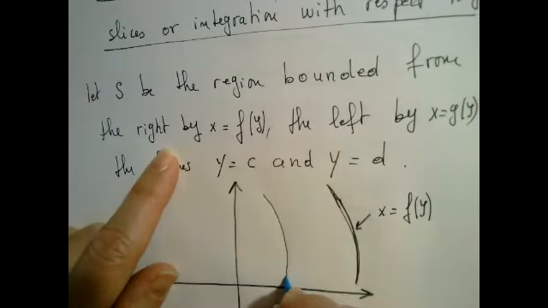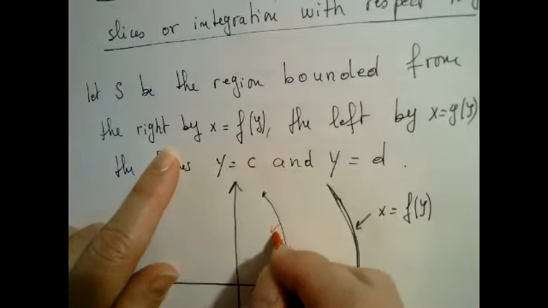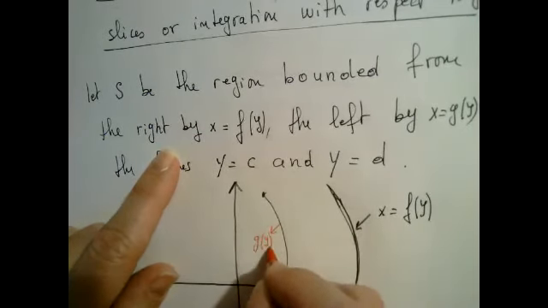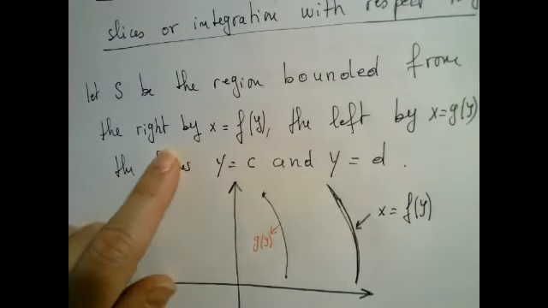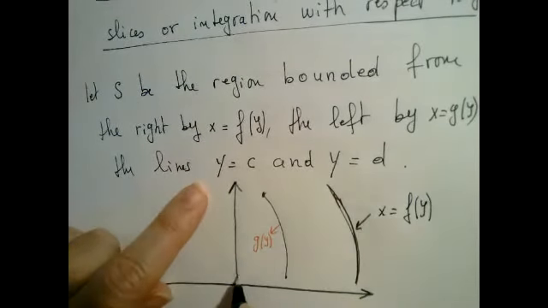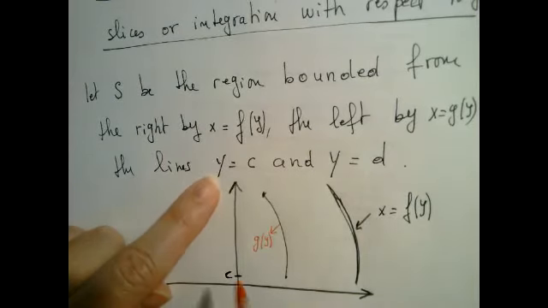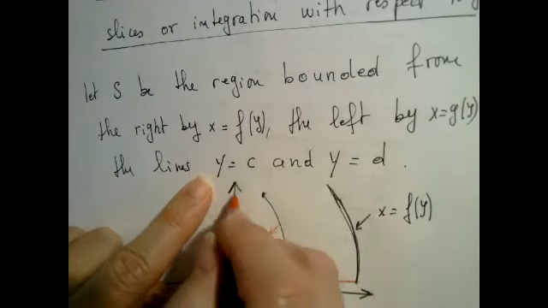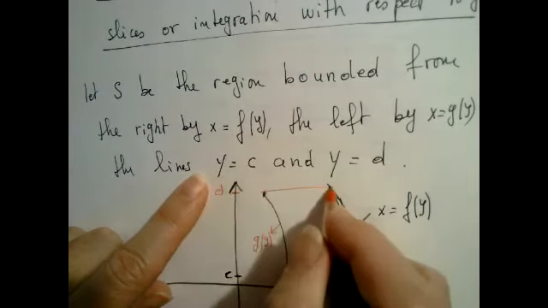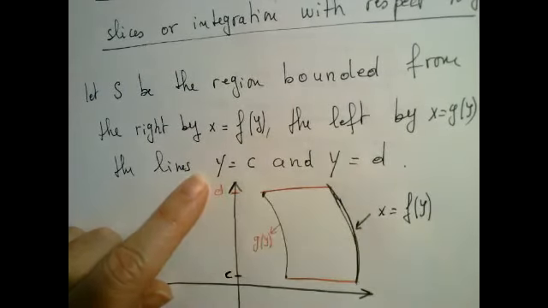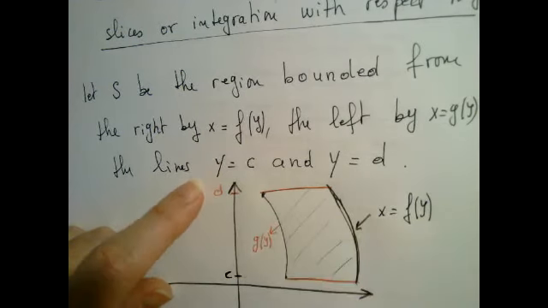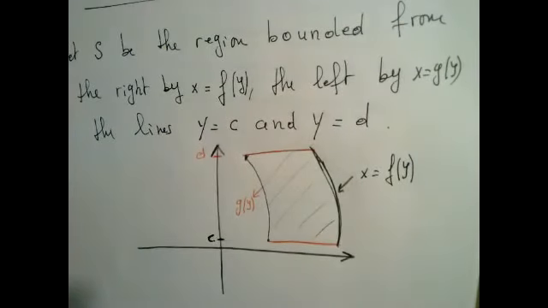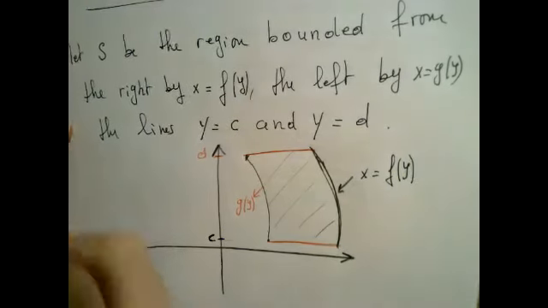They don't have to be the same, but for the ease of the picture. So both graphs, x is a function of y. The lines y equal to c, this is c right here, and the line y equal to d is right there. And this is my region. Okay. And the question is, we have to find the area of S.